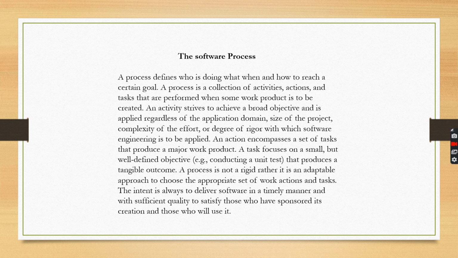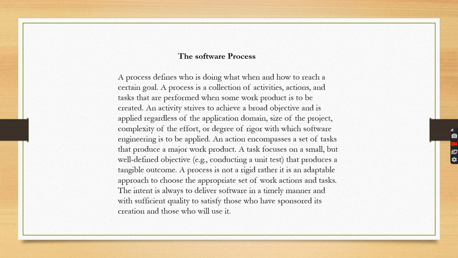A task focuses on a small but well-defined objective, also called well-defined steps or plan that produces a tangible outcome. After all, an input and outcome are the only things that are seen by a designer that makes the software into a successful project.